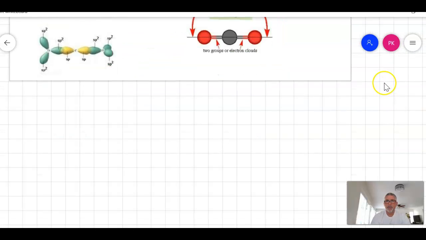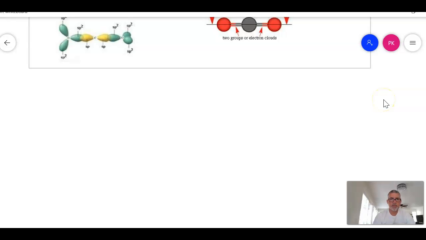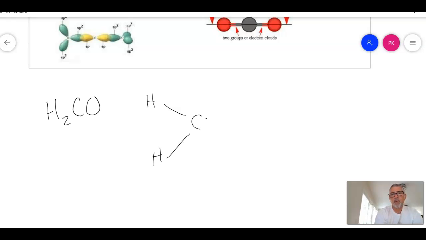Right, so let me give you some more examples. So if we did H2CO, right, so we could say that if we looked at a hybridization S, P, P, because it's based on directions around the center atom, so it's sp2, right?